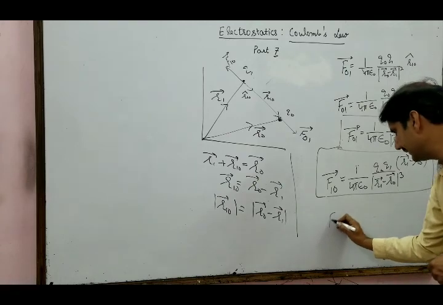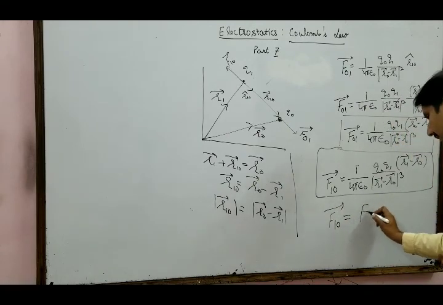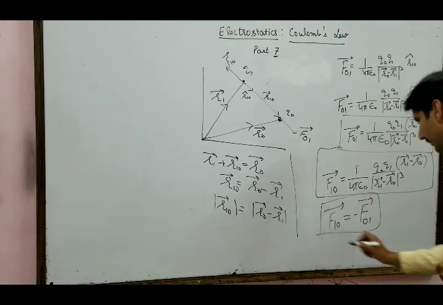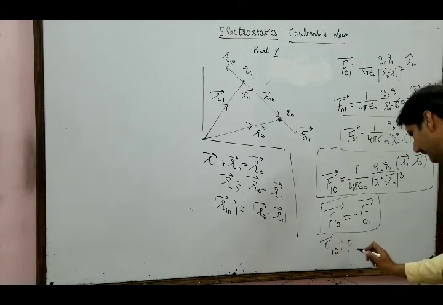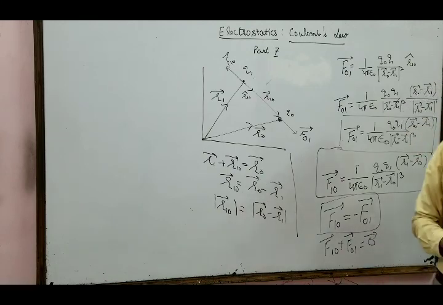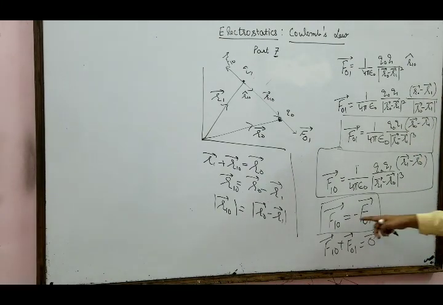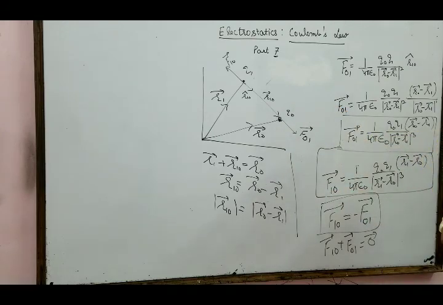So it is very easy to say that f1 naught is nothing but negative of f0 1. In other words, you may also write it as f1 naught plus f0 1 is a zero vector. What does it mean? First of all, you can say that Coulomb's law is compatible with Newton's third law of motion, because the two are exerting equal and opposite forces on each other, which is nothing but Newton's third law of motion.